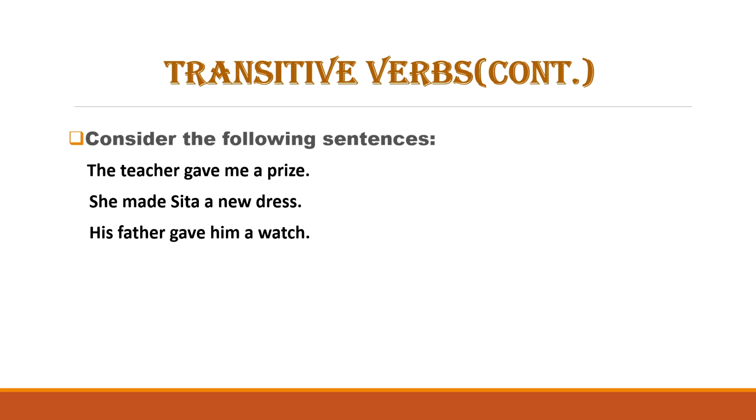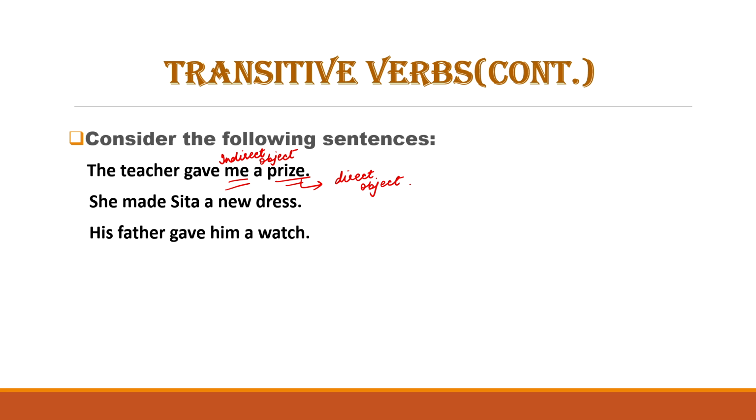Now, consider the following sentences. The teacher gave me a prize. So, me is your indirect object. And prize is your direct object. Now, next sentence, she made Sita a new dress.